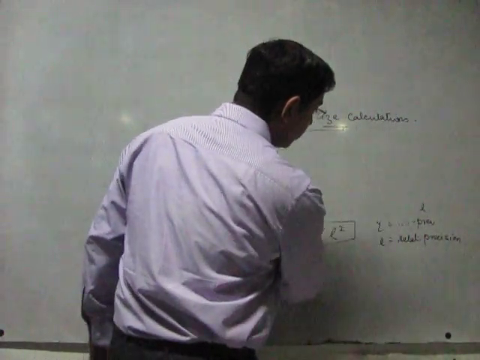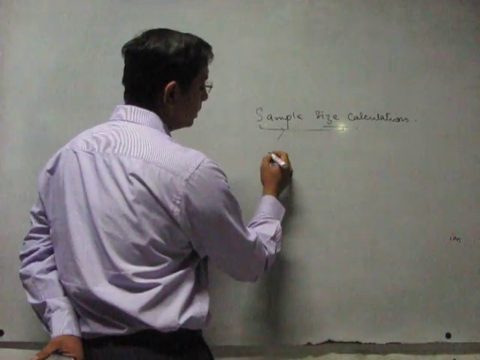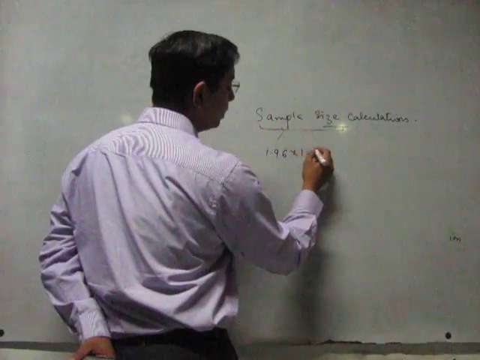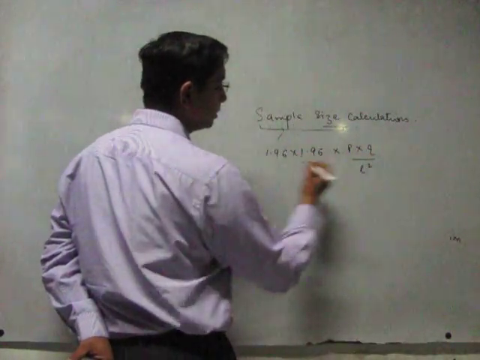So if we talk about the MCQ in your exam, I'll just rewrite this: sample size is 1.96 into 1.96 into prevalence into Q over allowable error, that is the precision.